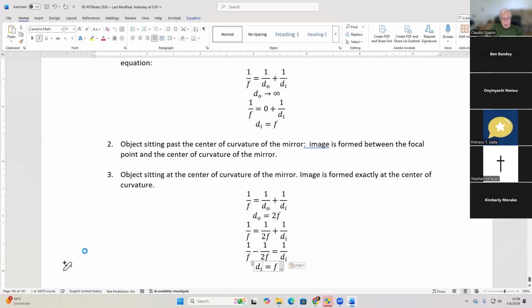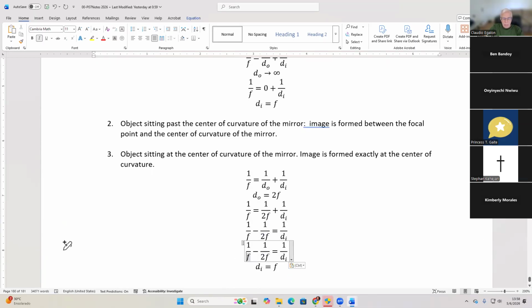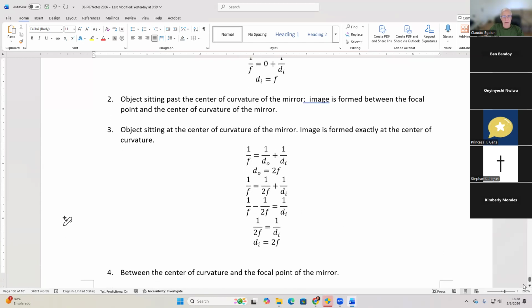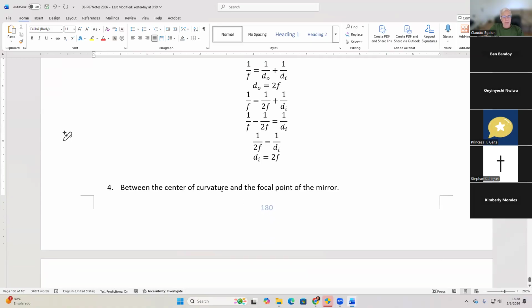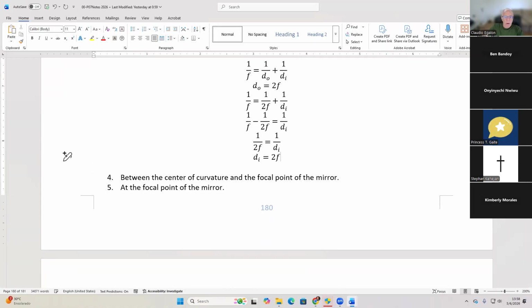Another step, it becomes 1 over 2 the focal point, and di is 2 times the focal point. Okay? Two different ways, the geometrical way and the equation way.